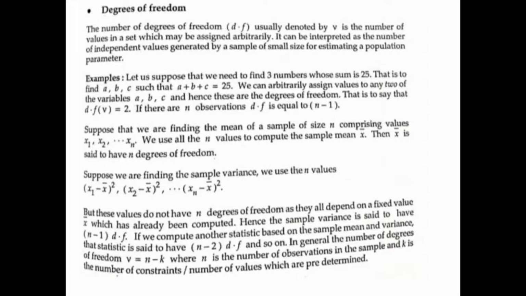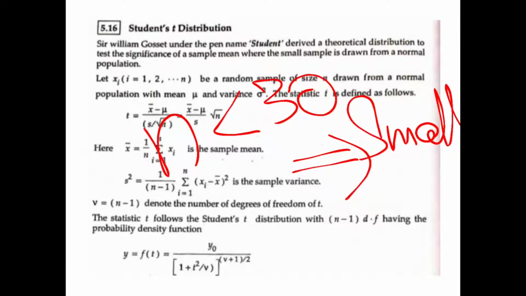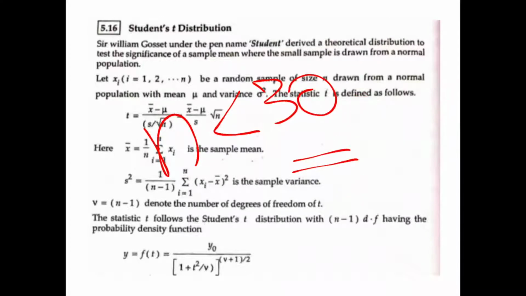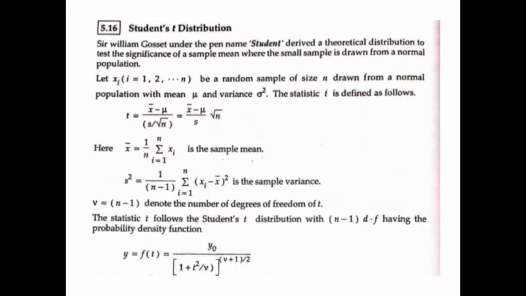Understood? Now let us see what Student's t distribution is for a small sample, the theoretical part. The name goes behind a great statistician whose pen name was Student, hence the distribution is named after his pen name.